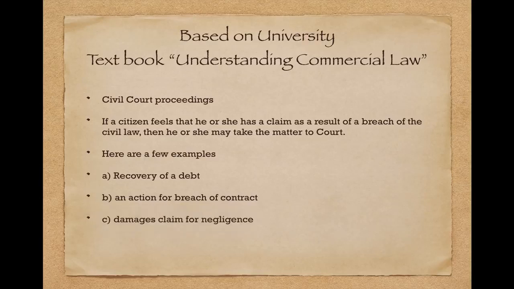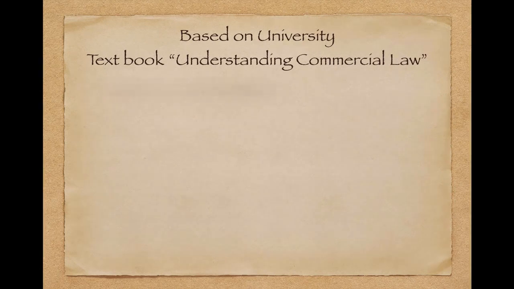A damages claim for negligence or recovery of goods or land. Now, this is all done under civil law. And as we said earlier, civil law includes common law and equity. They're not separate.